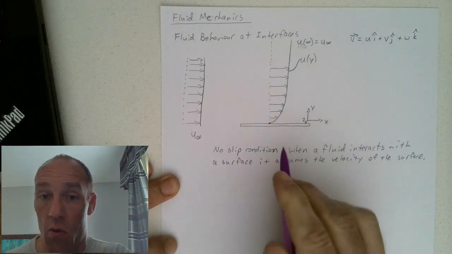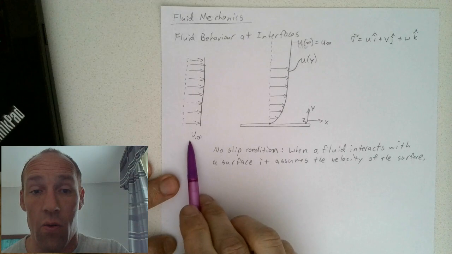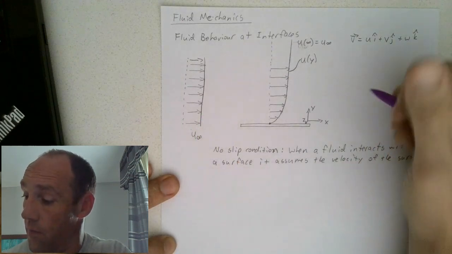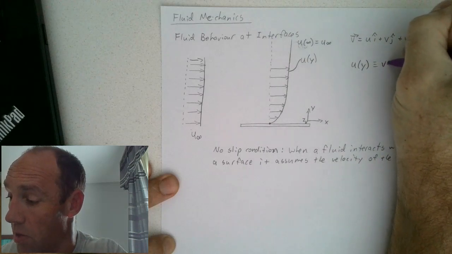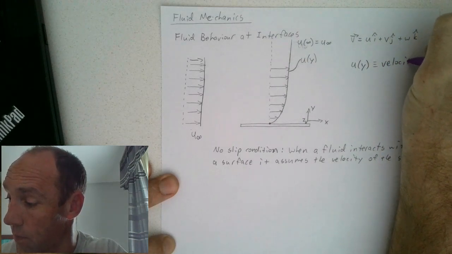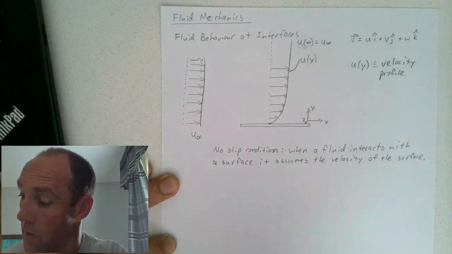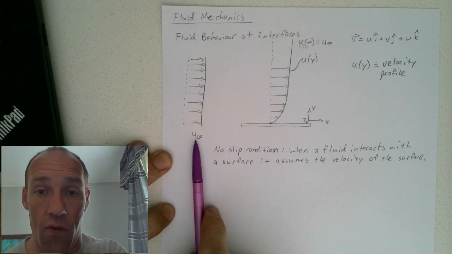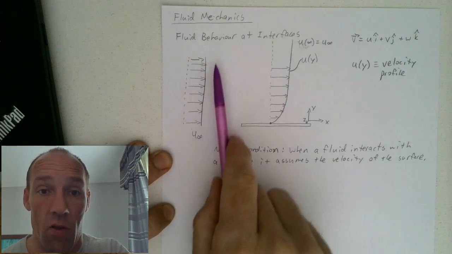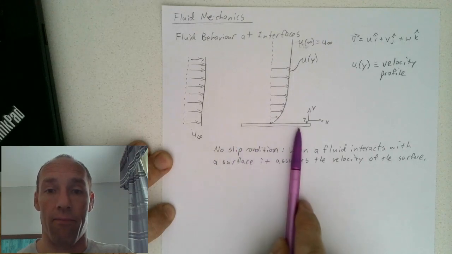Okay, so what I have here illustrated is what's called a velocity profile. So U of y is called a velocity profile. All right, and initially it's a constant profile. So I have a constant velocity approaching a plate.